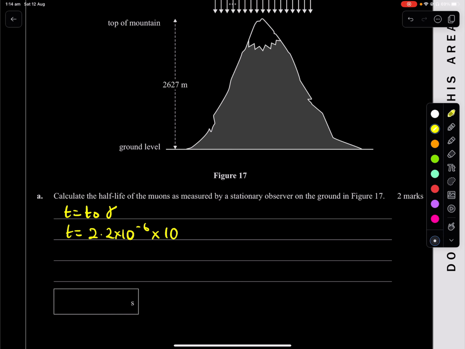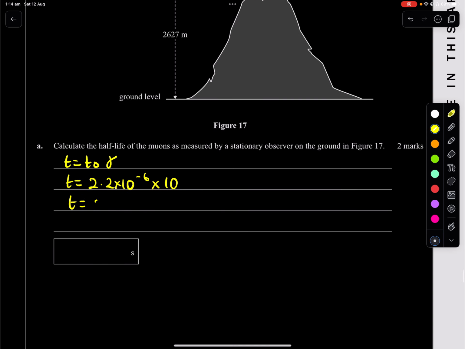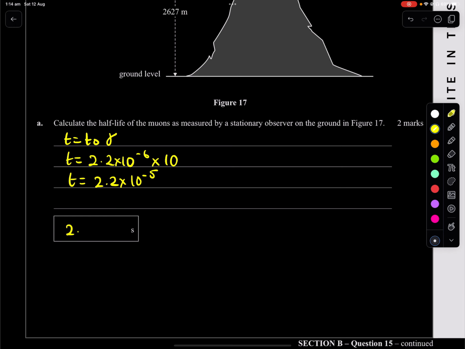So it dilates by a factor of 10. So T equals 2.2 times 10 to the negative 6 times 10. That gives you 2.2 times 10 to the negative 5. So that will be 2.2 times 10 to the negative 5 seconds.